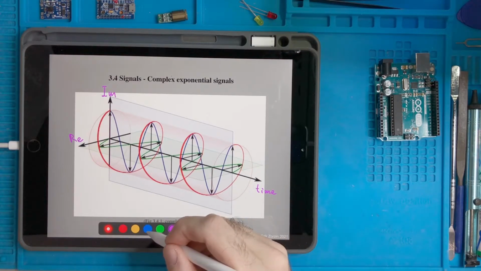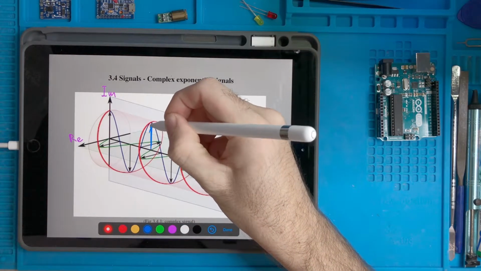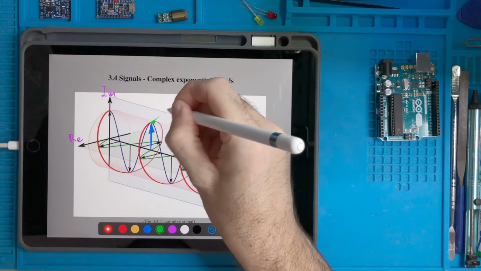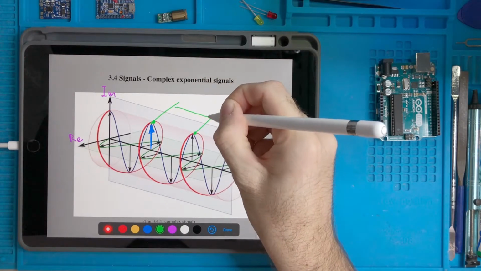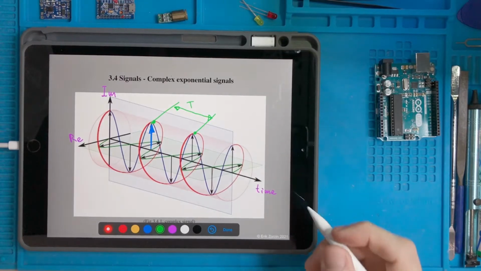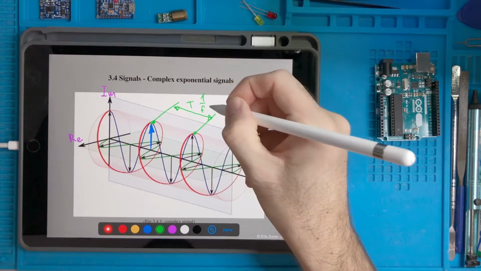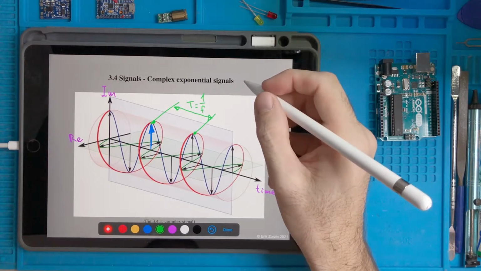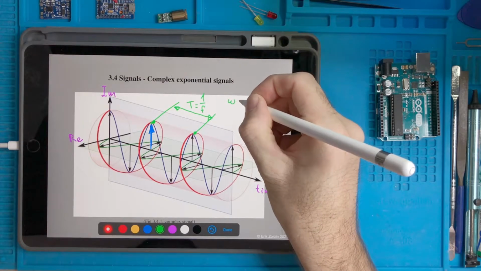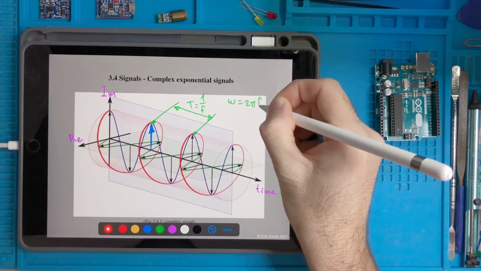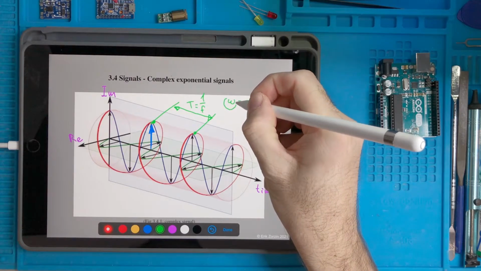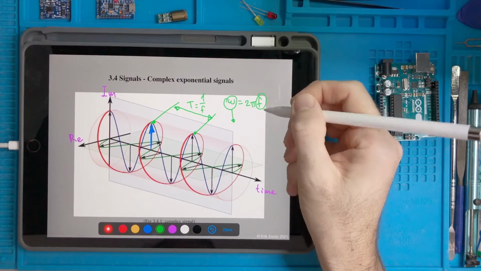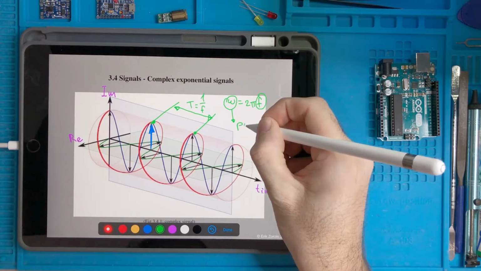So here you recognize again the amplitude of the signal, the period, which is the distance between this point and this point, which is 1 over the frequency measured in hertz, and so therefore we know that omega is 2 pi f. This frequency omega, in order not to be confused with this other frequency f, is sometimes called pulsation.